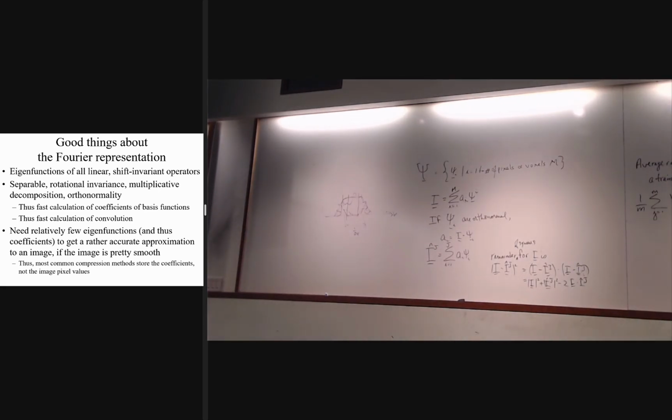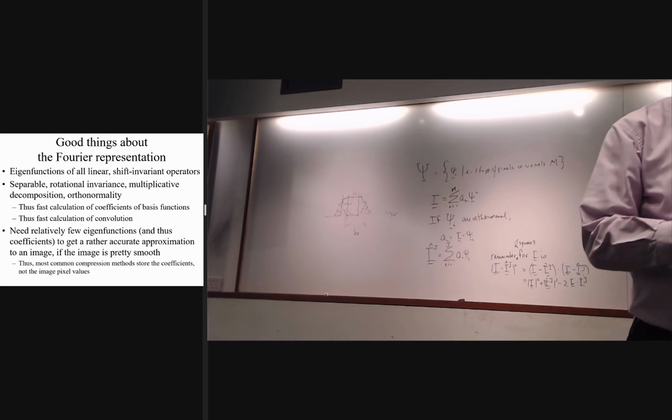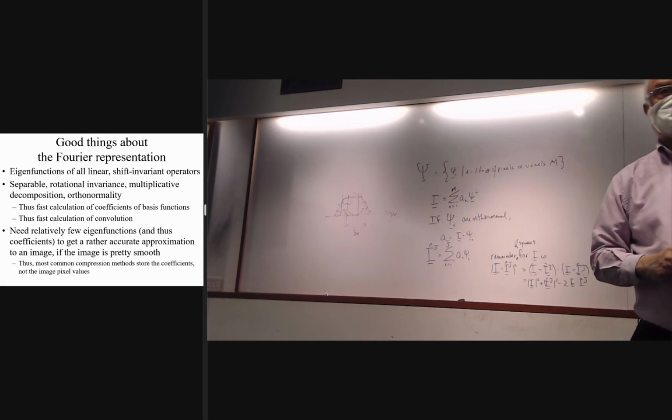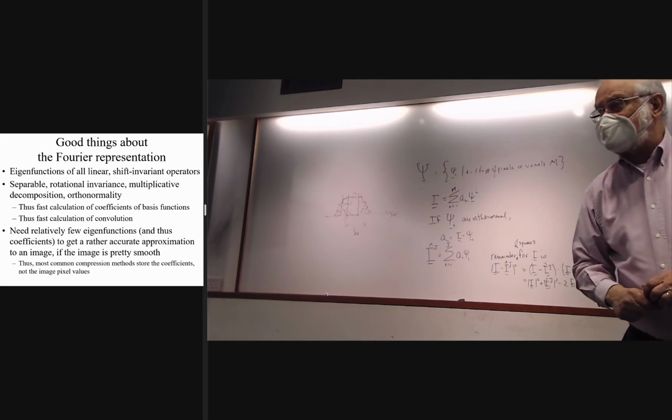You have the multiplicative decomposition property that I talked about last time, which allows a divide and conquer algorithm, and thus a fast algorithm. And they're orthonormal, because they are eigenimages of something expressed in matrix form where the matrix is symmetric, and symmetric matrices have orthonormal eigenimages.